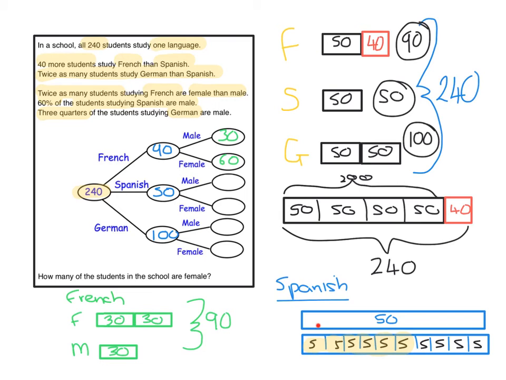So that's going to be 5, 10, 15, 20, 25, 30. So 30 is 60%, the students who are male. So 30 is male, which means that female must be 20.